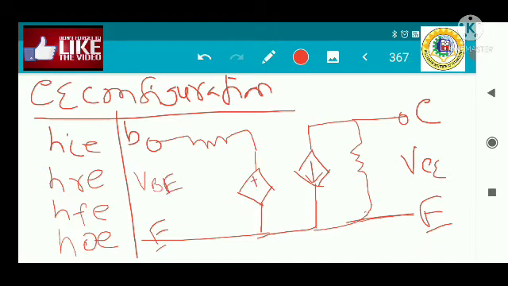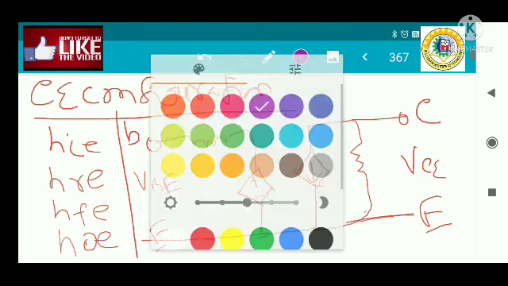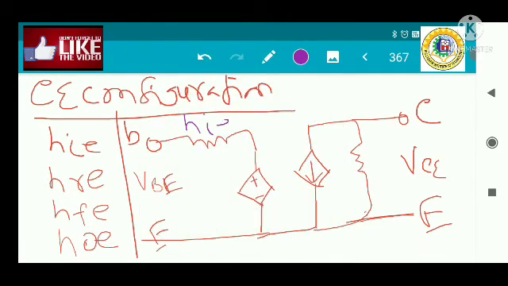So this is the dependent voltage source, and this is represented by HIE, like this, HIE, and this is represented by HRE into VCE. Okay, so this is HRE into VCE, and this is nothing but HFE into IB.